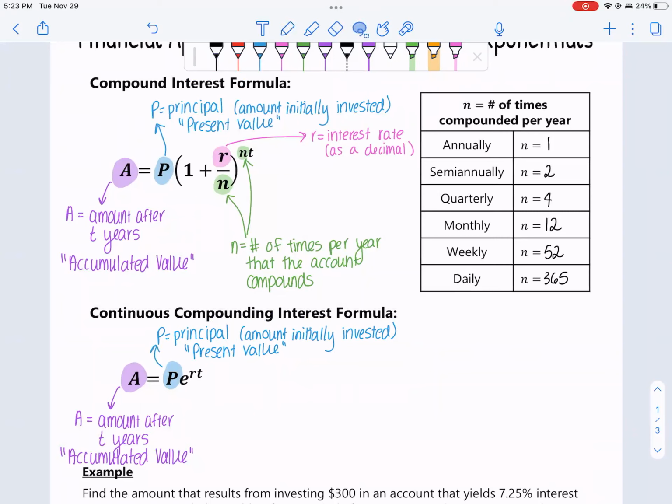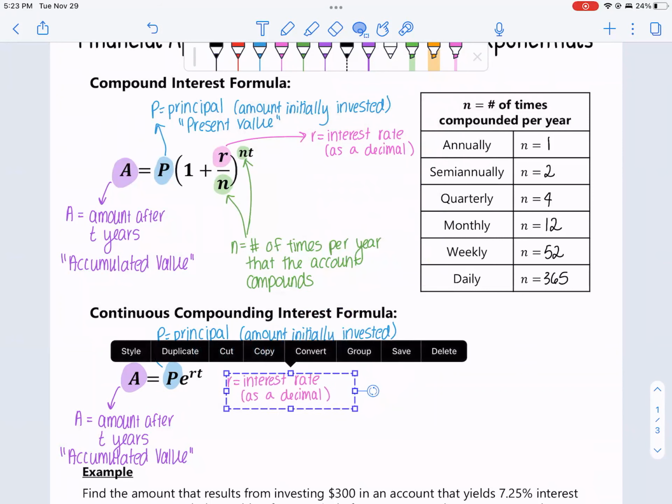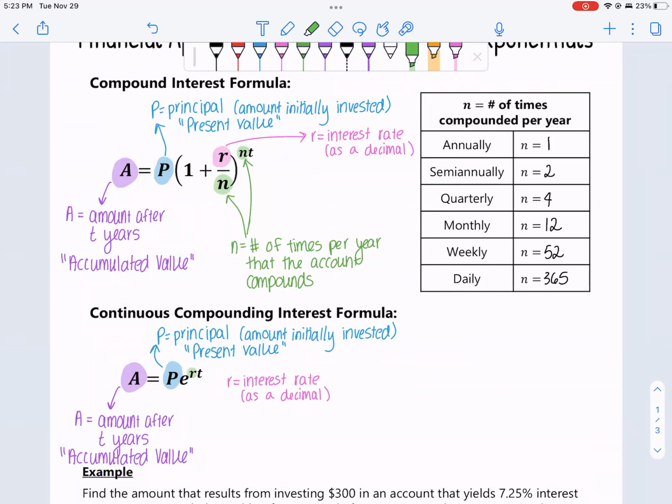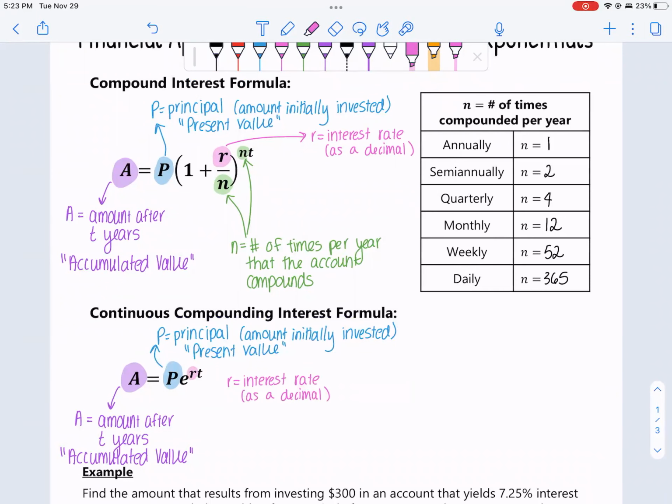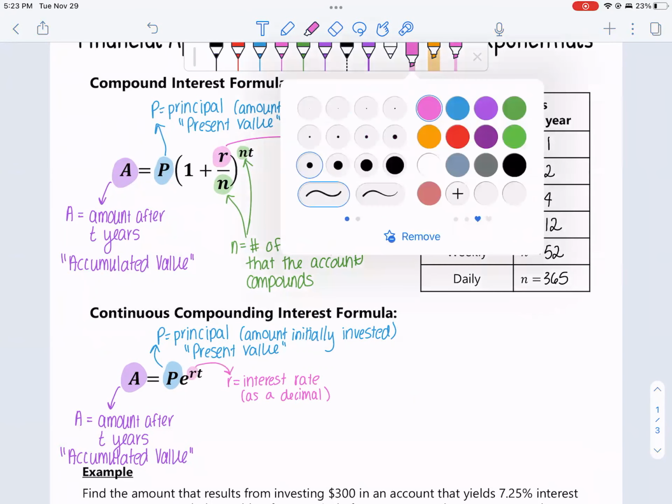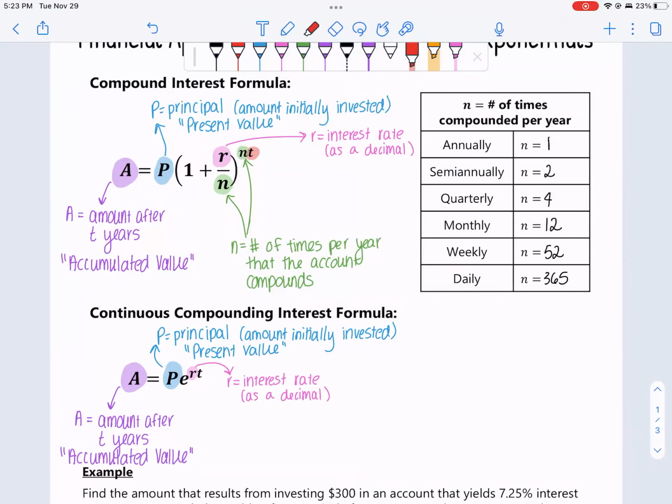The interest rate is still the interest rate. Oh, and then I also forgot to mention that T is time. T equals time in years.